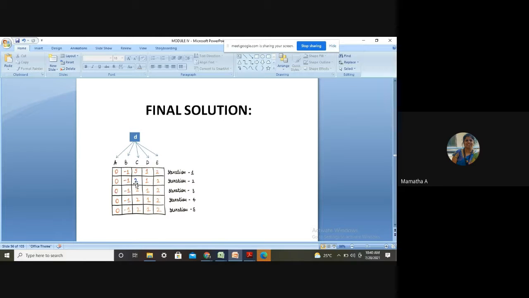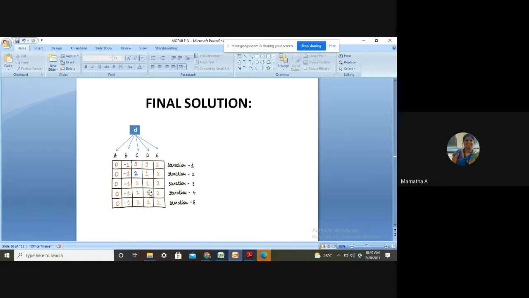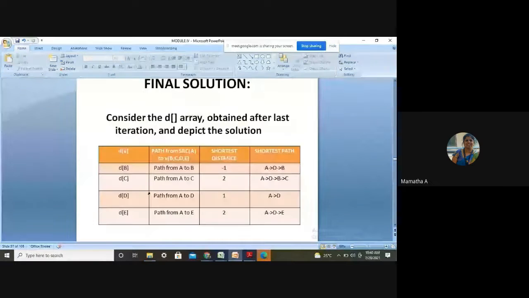There are no changes. Hence the iterations can be stopped. So you can see in iteration 1, 5 got changed to 2. But in iteration 3, no changes, not even a single change. Are you understanding? Right? So now with this, you will have to construct the final solution and give the solution.